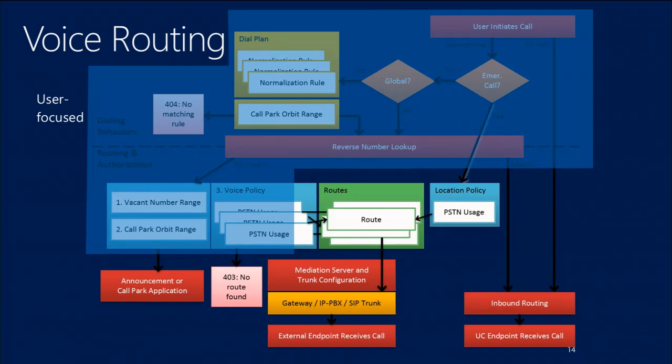Voice routing comes into play when the number that the user has dialed isn't owned by us. Now it's somebody outside of the Lync environment. Little terminology note for you. In the Lync world, anything that is outside of Lync is called a PSTN call. Okay? Even if I'm a Lync user calling a Cisco handset, that's a PSTN call to us.